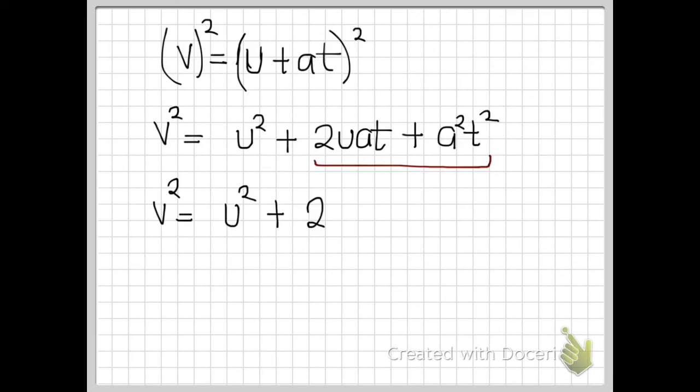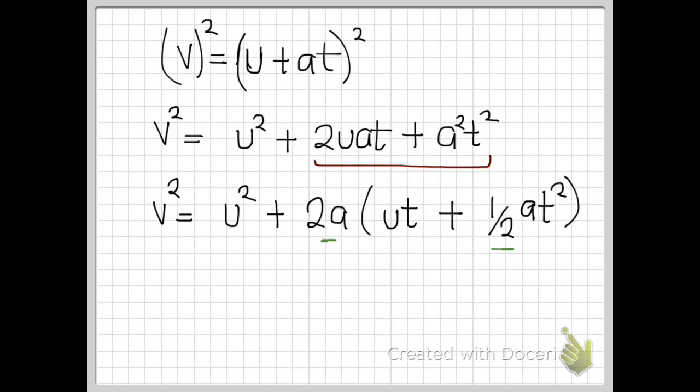So we can factorize the 2 and the a, leaving us with ut plus a half, because this 2a multiplied by this would be a, which is what we wanted here. So ut plus half at squared.